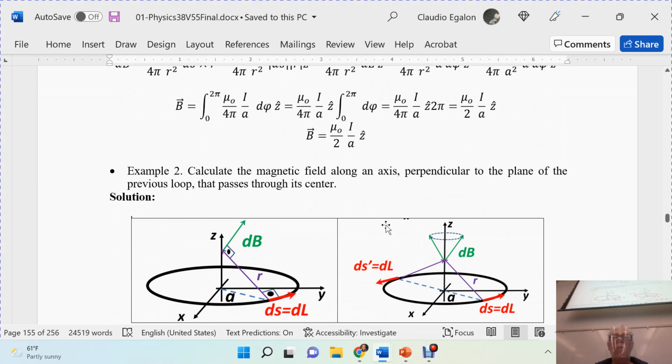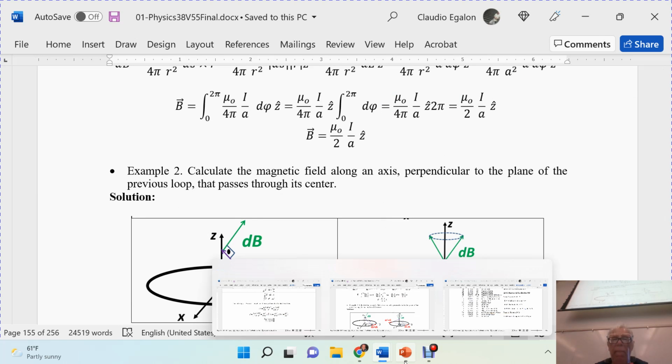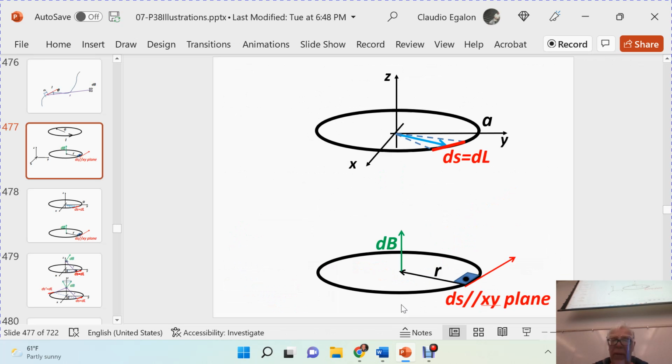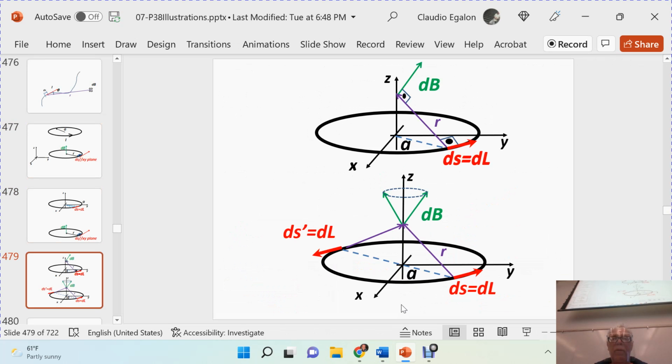Now what about along the z-axis? Okay, you have to visualize as well. Here you go, along the z-axis. We have this ds cross r, and the dB is gonna make an angle. When you integrate all over the loop, you're going to generate a magnetic field that's going to be a cone.